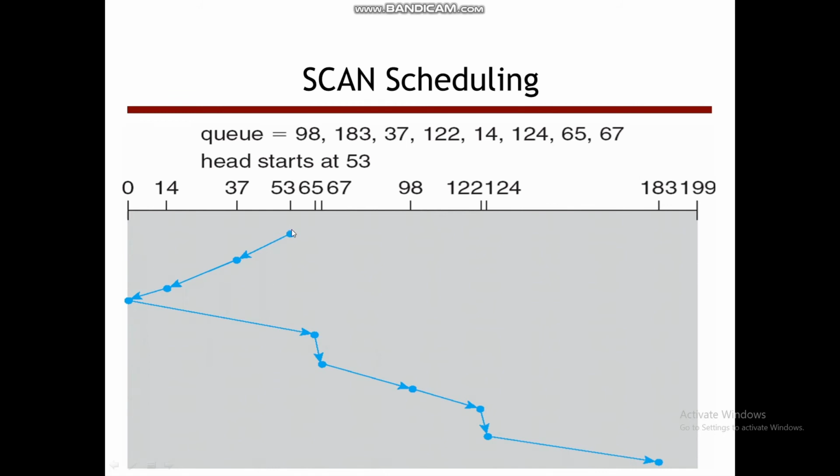So first it starts from 53, the next nearest one is 37, then 14, then 0. It reaches the end. That is important.